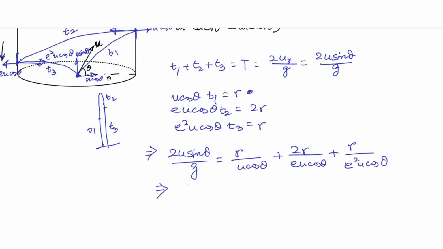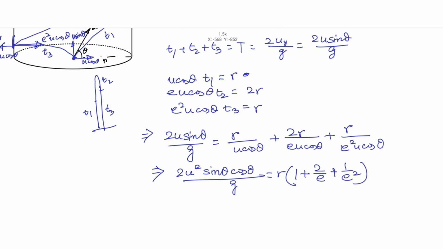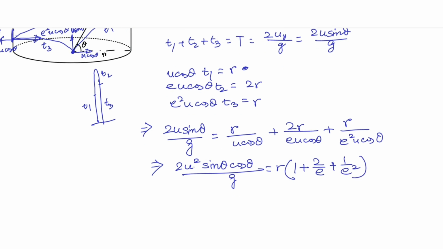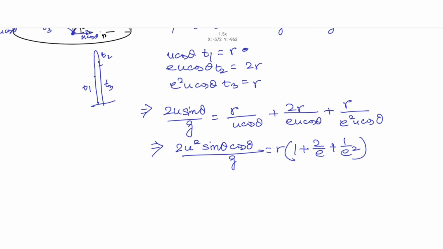So what I get is 2u square sine theta cos theta divided by g equal to r into 1 plus 2 by e plus 1 by e square. I just took the u cos theta to the left side.